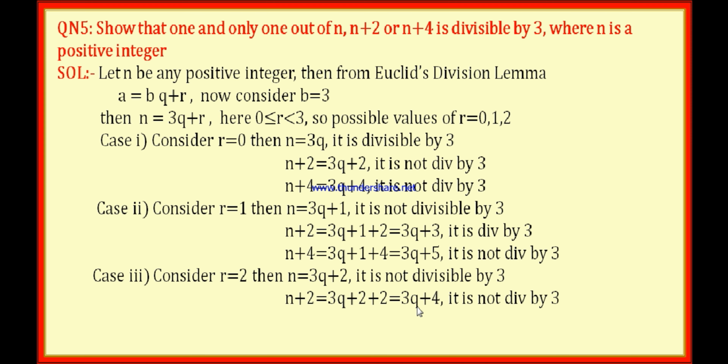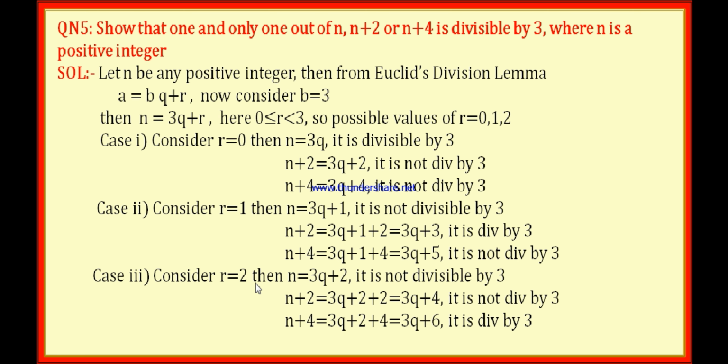Here 3q is divisible by 3 but 4 is not divisible by 3. Therefore in total n plus 2 is not divisible by 3. And the next value is n plus 4, that is 3q plus 2 plus 4, which is 3q plus 6. 3q is divisible by 3 and 6 is also divisible by 3. Therefore in total this n plus 4 is divisible by 3.